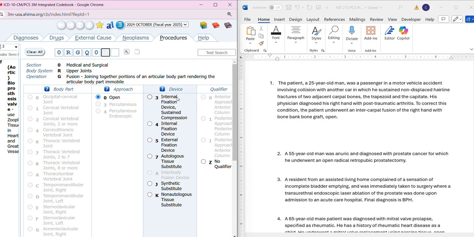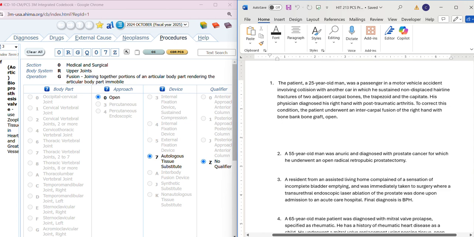And then for device, it looks like bone bank bone graft, and so that's going to be autologous tissue substitutes, number 7, and then there are no qualifiers.